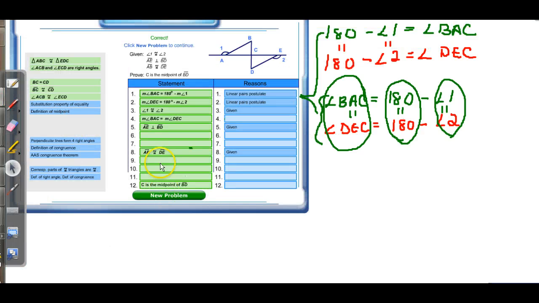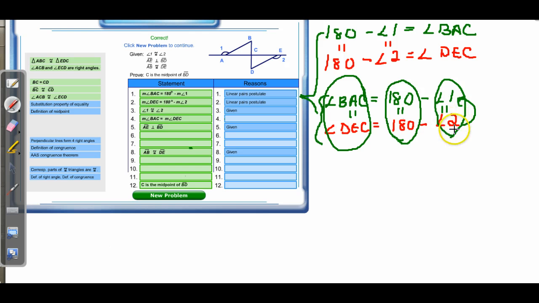this publisher is kind of calling it even something different. He said that we can conclude that BAC equals DEC because we could substitute in, since these are all equal, we can substitute L2 in for L1, L1 in for L2. We could substitute L2 in up here for L1, and we could say L2 equals BAC.